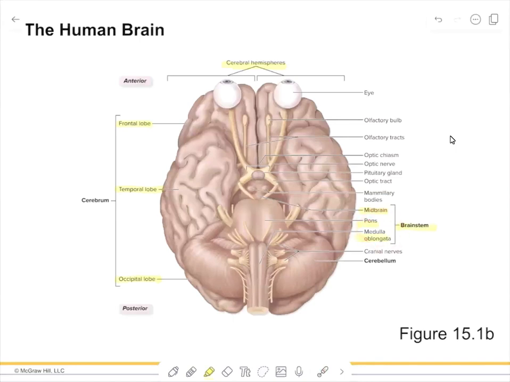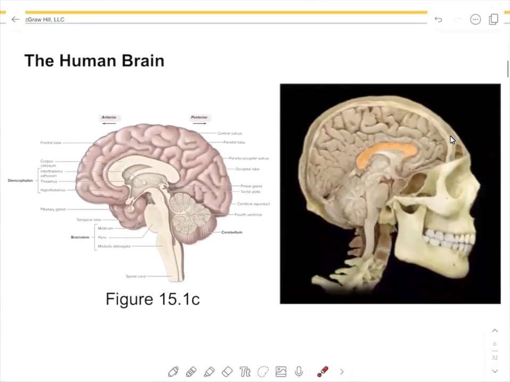Another important region is the cerebellum, often associated with balance, so your ability to walk a straight line, for example. Also shown here are the olfactory tracts, which are part of the olfactory cranial nerve, and the optic nerve, cranial nerve number 2, which crosses over to the other hemisphere at a location called the optic chiasma.